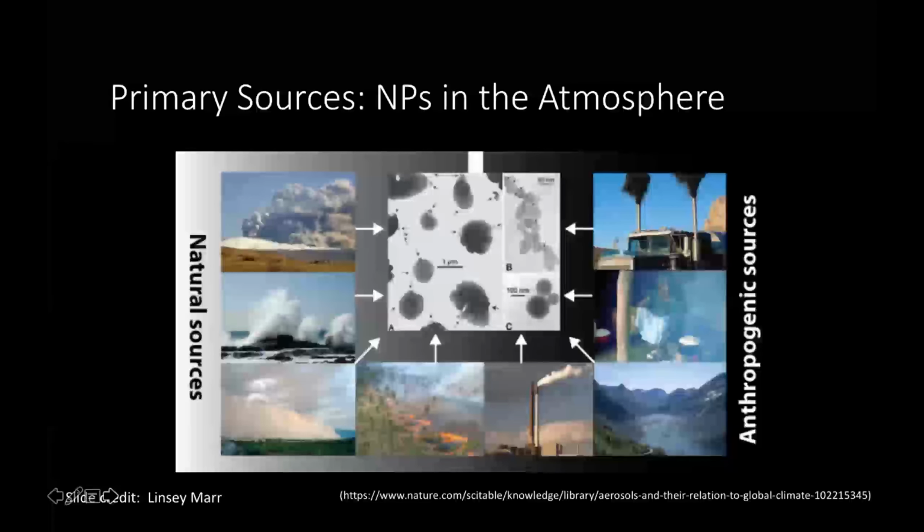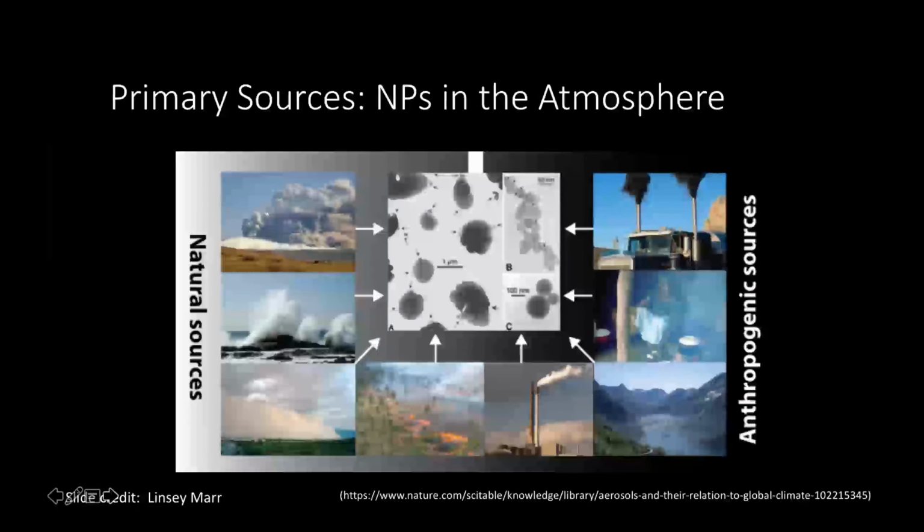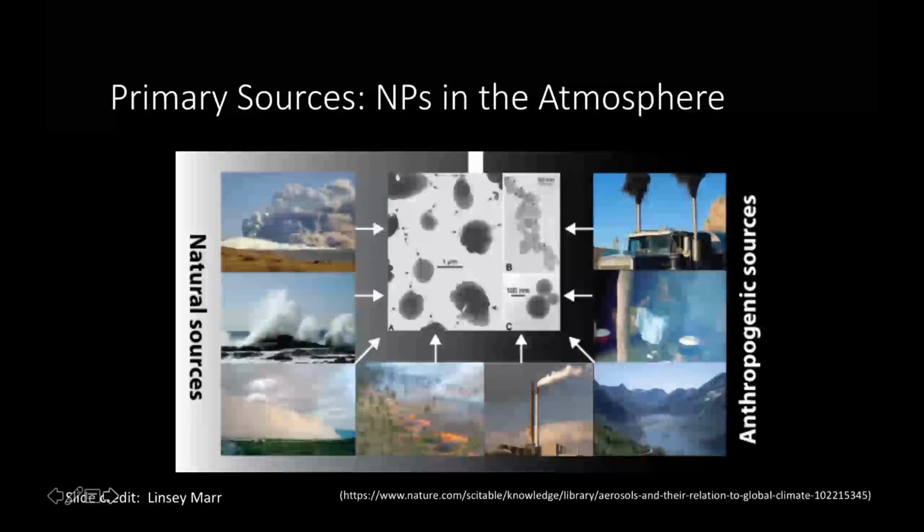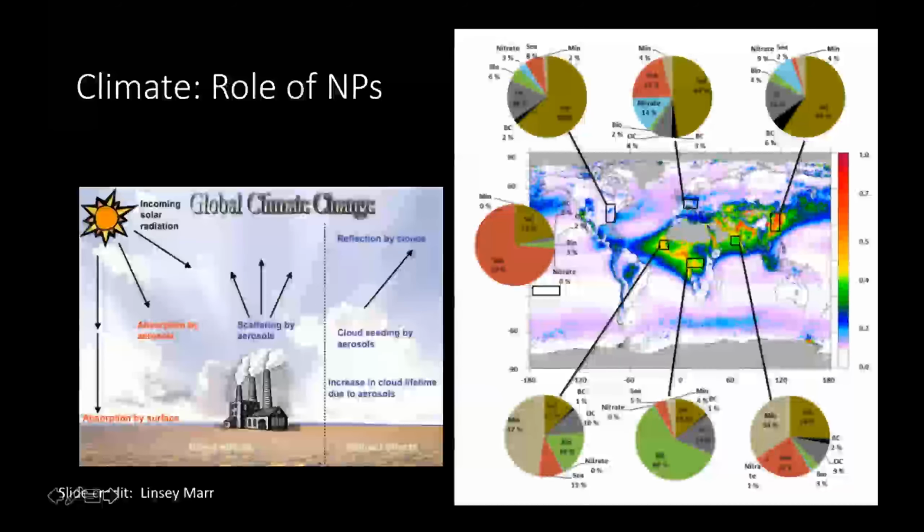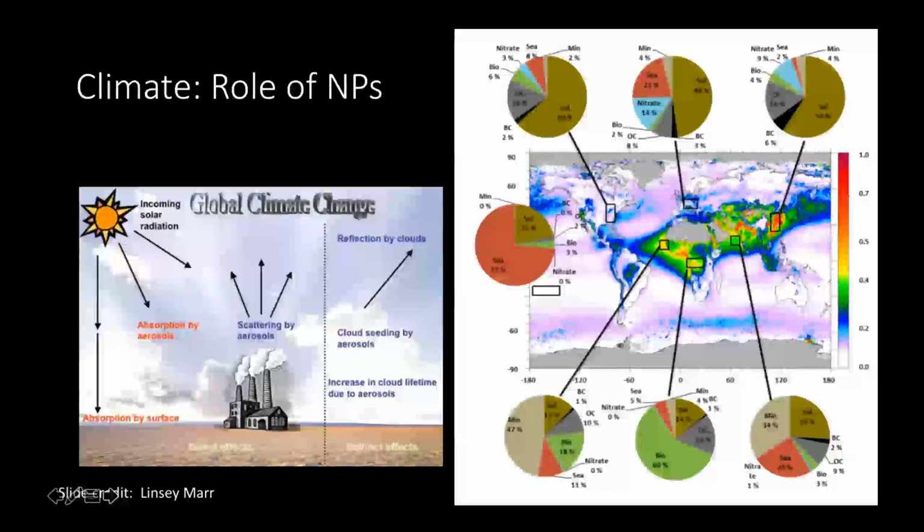We've got volcanic eruptions. And then we have all the anthropogenic sources, whether it's diesel fuel, coal-fired power plants, and so on. These all affect not only natural systems, but human health as well. And nanoparticles play an important role in climate change. So if you're doing a unit on climate change, don't forget about the role of nanoparticles in the atmosphere and their ability to either absorb or reflect solar energy.